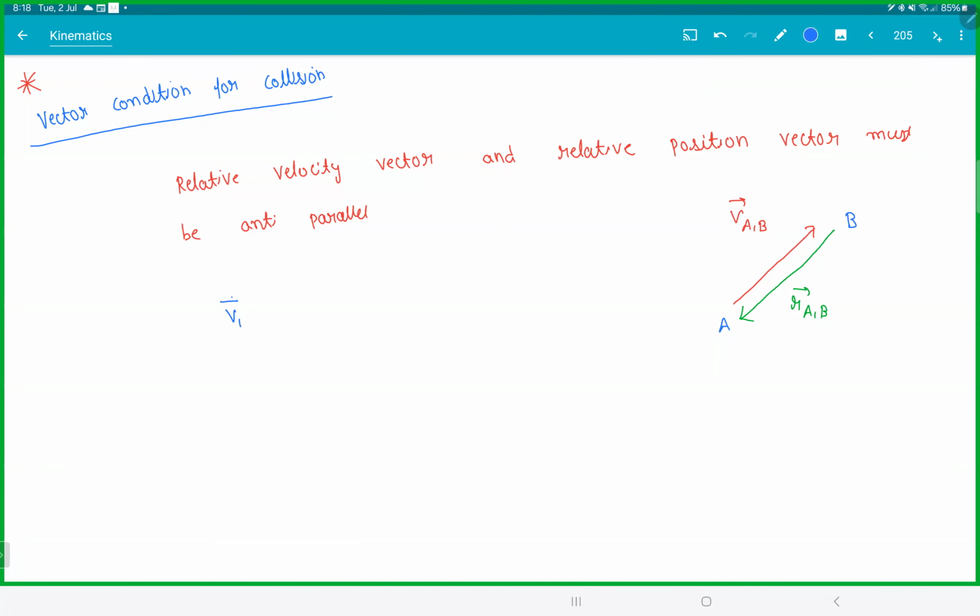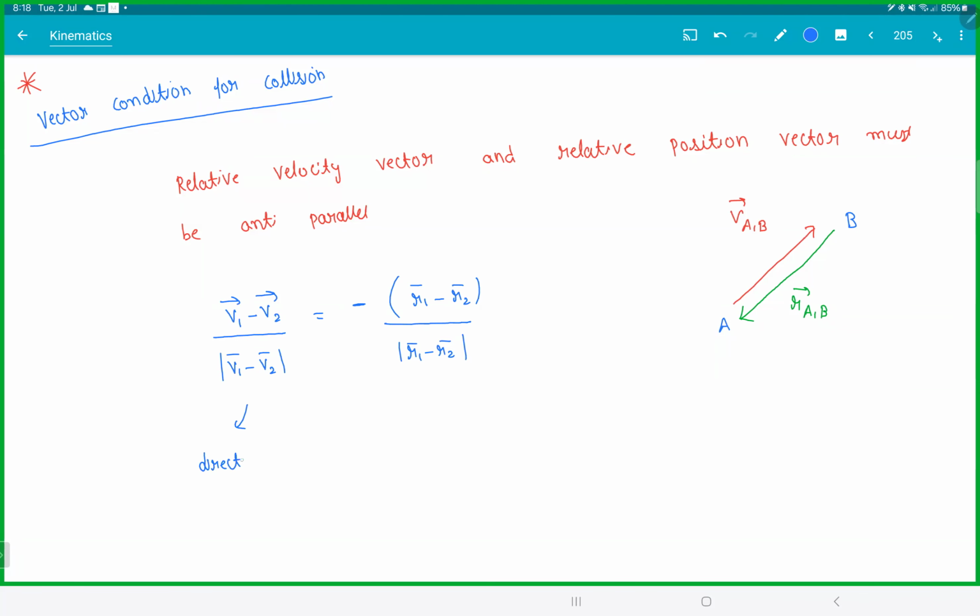So this is V1 bar minus V2 bar. Since you want only the direction, we have to take the unit vector. V1 bar minus V2 bar over mod of V1 bar minus V2 bar is equal to minus of R1 bar minus R2 bar over mod of R1 bar minus R2 bar. Since you want the vectors to be anti-parallel, we need the direction.